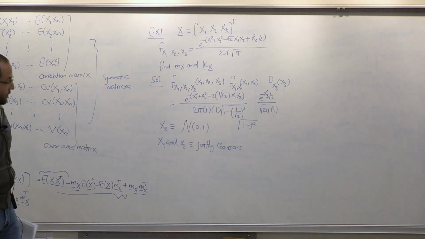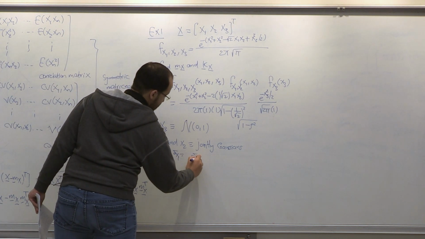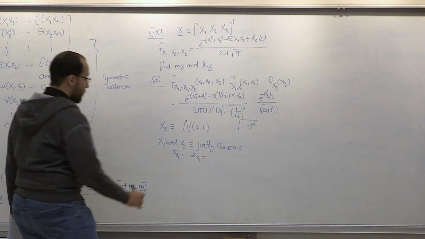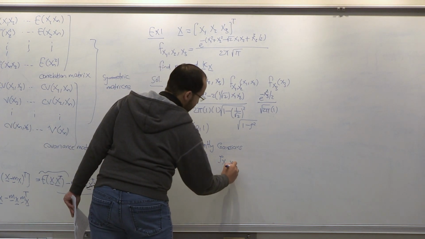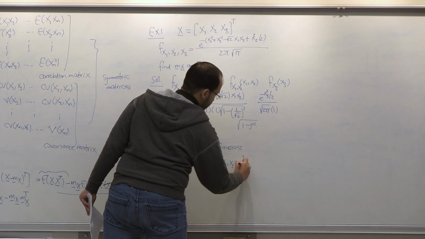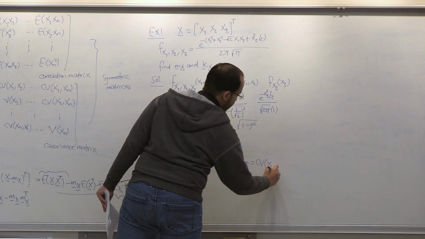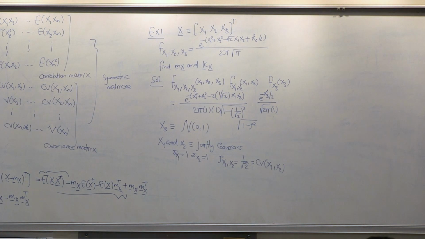What are the variances? What is sigma x1? What is sigma x2? Exactly, both of them are 1s. And rho x1, x2 is 1 over square root 2. But because the variances are 1s, this is the covariance of x1 and x2 immediately, right?